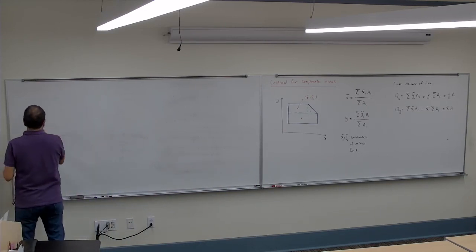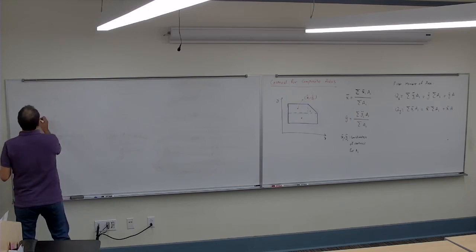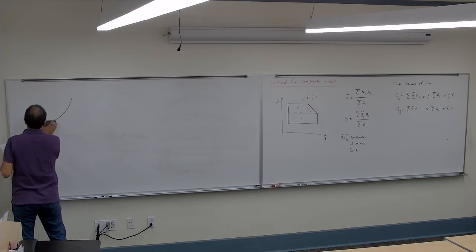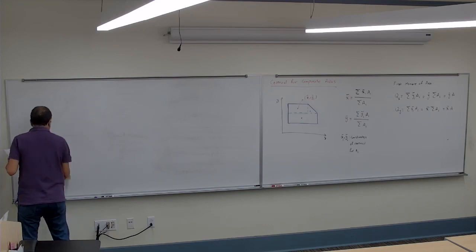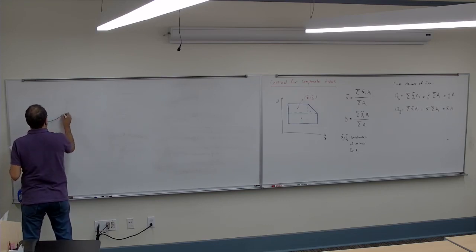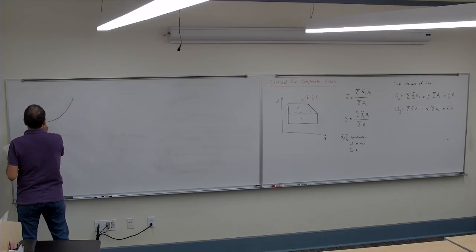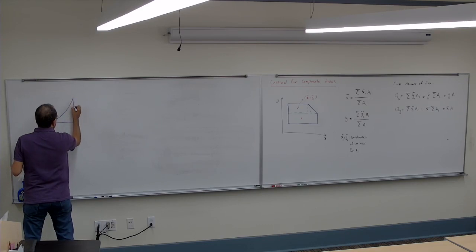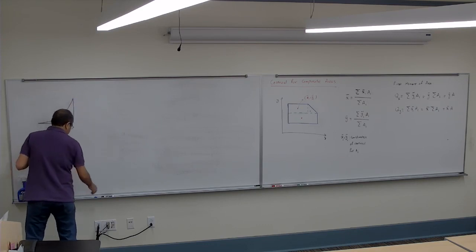So assume I have a shape that looks like this. So I have an area of the cross section that looks like this.